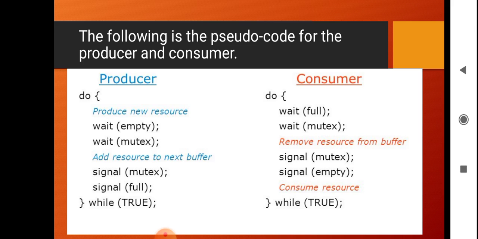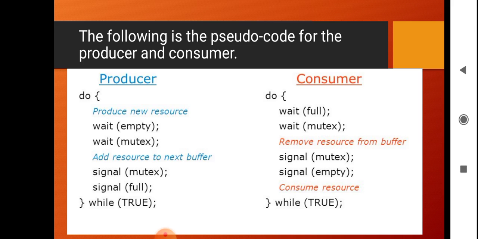Similarly the consumer, the same thing is there. But now at the beginning, if the buffer is full, we can access or consume the data from the buffer. The consumer process is going to consume the data when certain data is present in the buffer. Similarly we have to check for mutual exclusion.